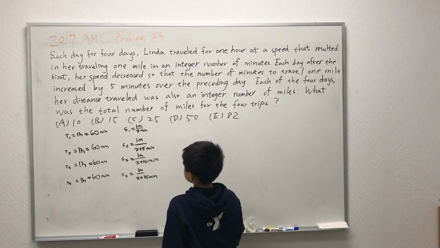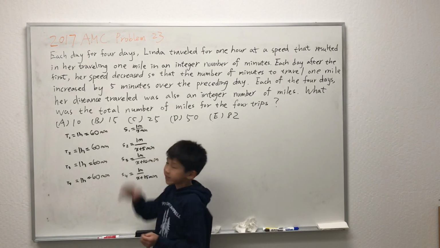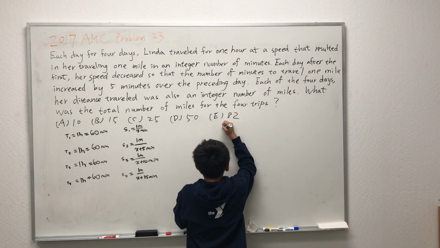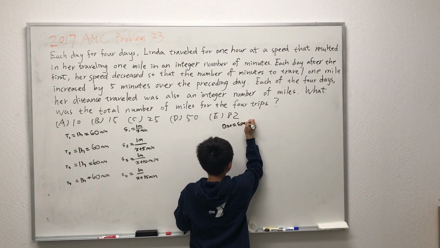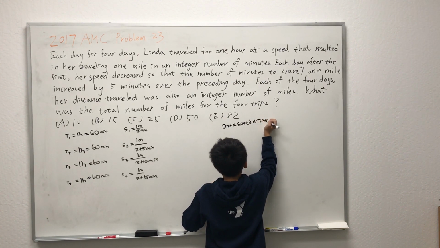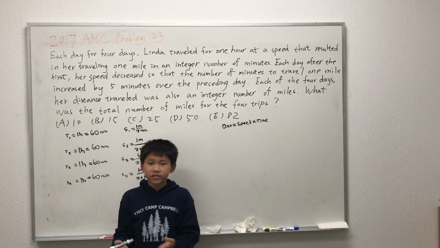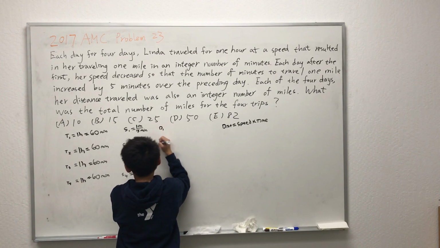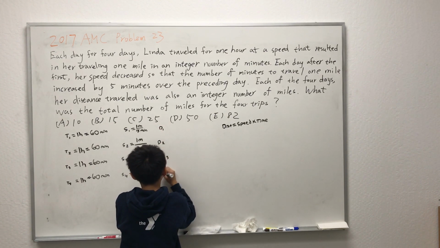Now the question is asking us, what was the total number of miles for the 4 trips? This is talking about the distance. We all know that the distance formula is distance equals speed times time. We have the speed and the time already, so let's calculate the distance for all 4 days: distance 1, distance 2, distance 3, and distance 4.